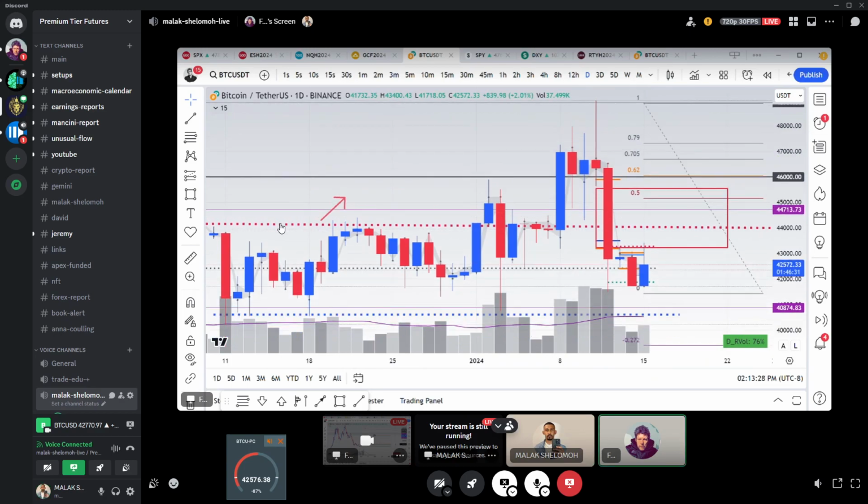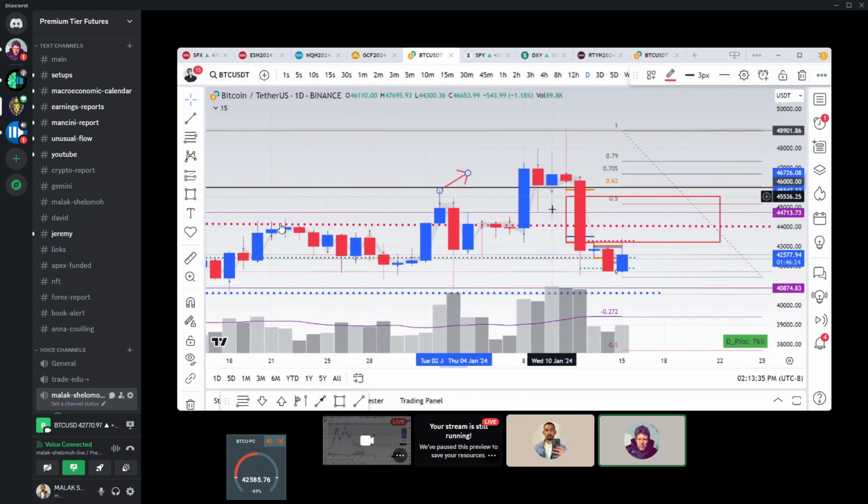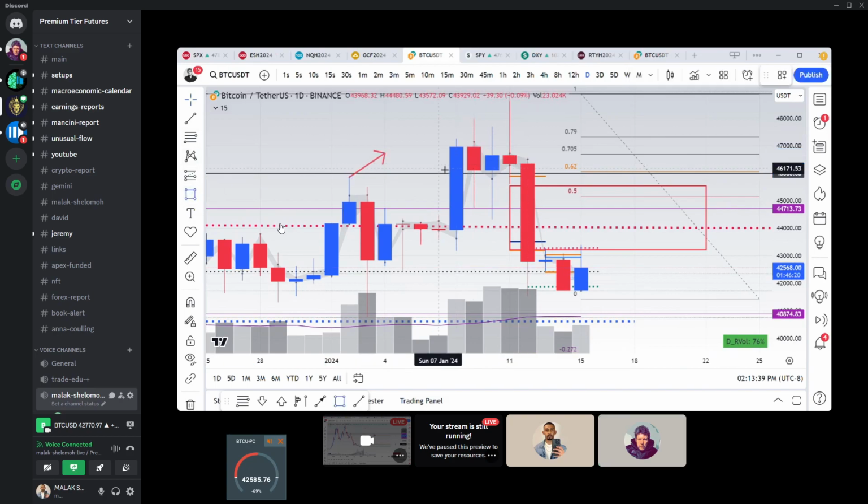I'll show you another one. Here we are again at the end of the pattern, and there's something very similar right here. Here's a bearish order block. That's this candle. You go from the bottom of the red candle to the top of the wick, and that's how you draw that bearish order block.